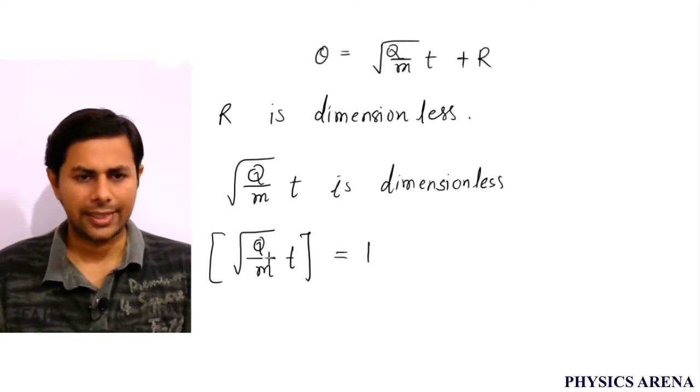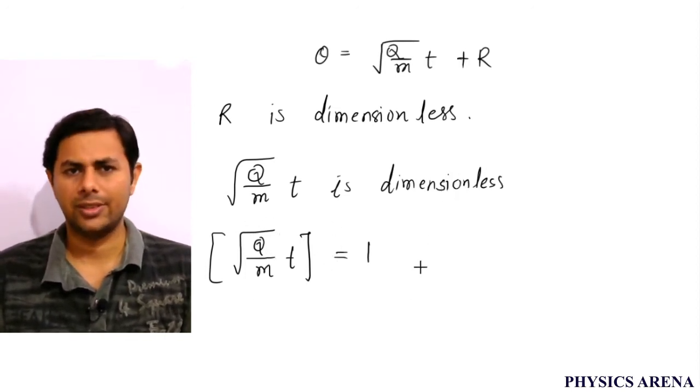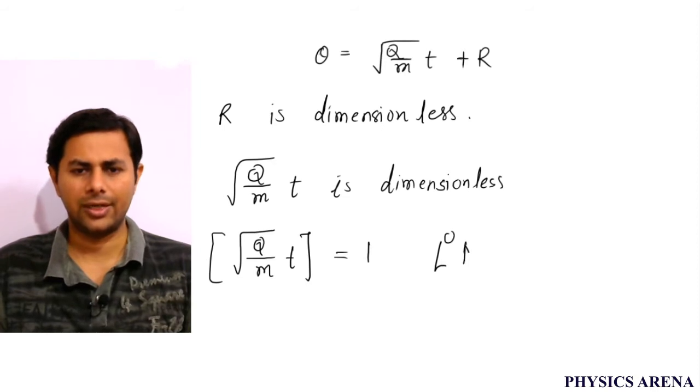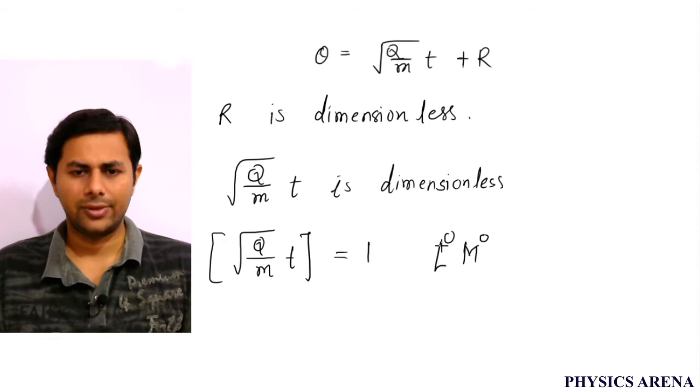Because this quantity is dimensionless, the power of the fundamental quantities to which it depends is 0. It is L^0, M^0, everything raised to 0, and anything raised to 0 is 1, so we have 1 here.